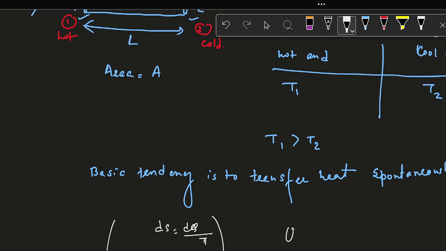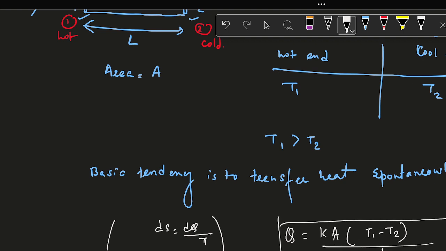In this case, the heat Q that is being transferred from 1 to 2 has a standard formula: it is K times A times (T1 minus T2) by L.